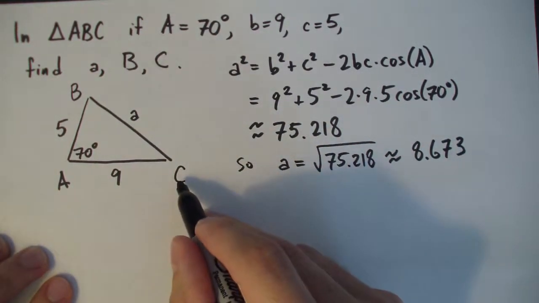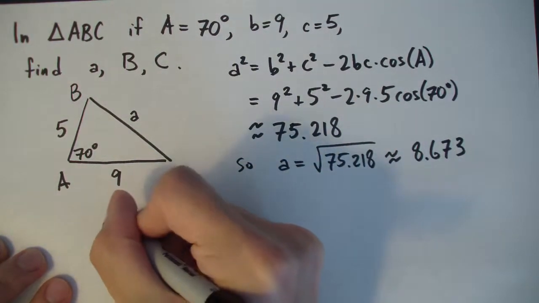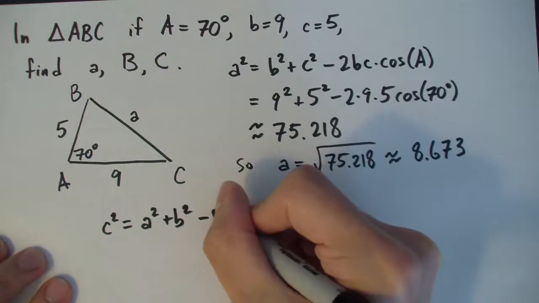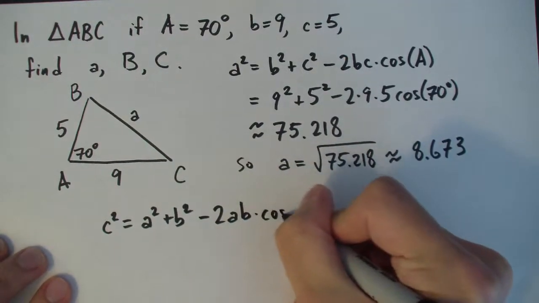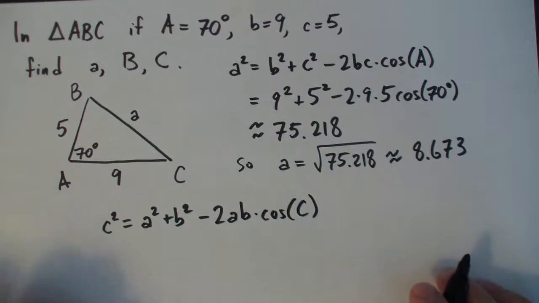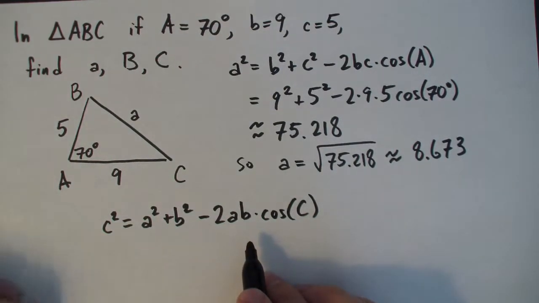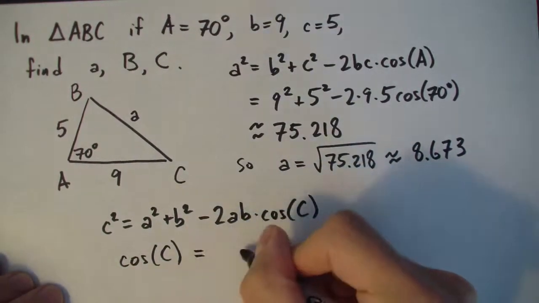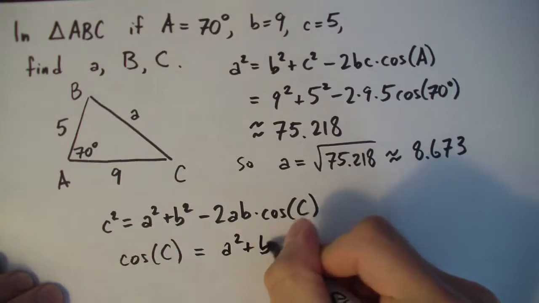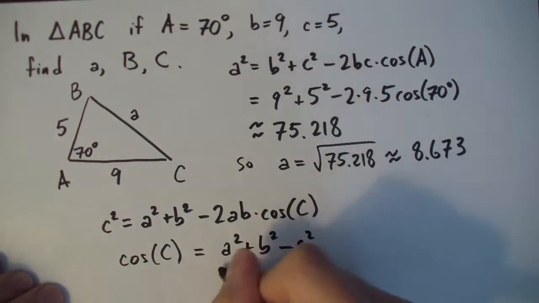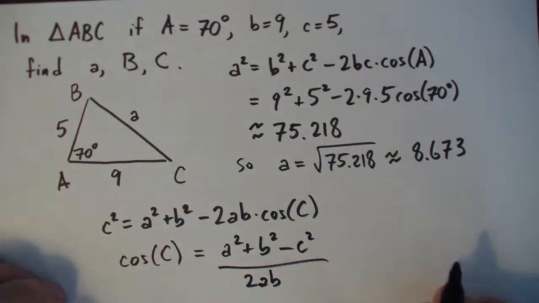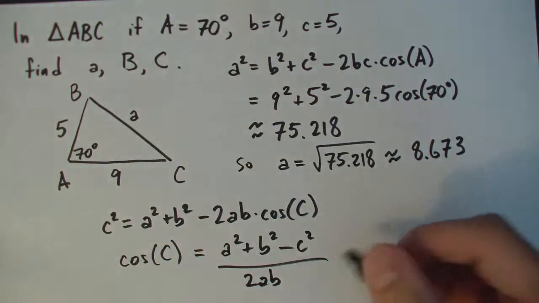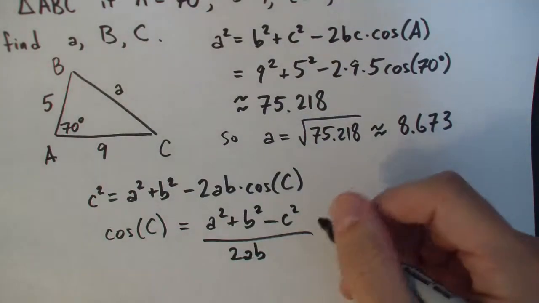So to involve angle C in the law of cosines, we need to use the form that says C squared equals A squared plus B squared minus 2AB cosine of C. And rearranging this and solving, we find out that cos of angle C is equal to A squared plus B squared minus C squared all over 2AB. And plugging in what we know, because we found A, and we were given B and C, we can plug in and evaluate that.